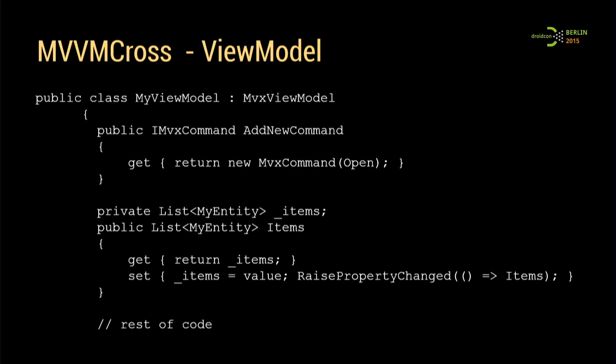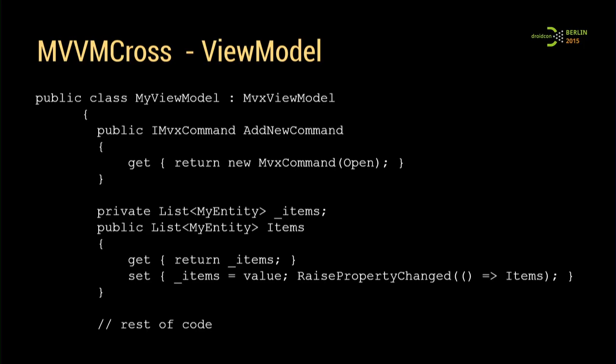And we are simply defining some properties which will return data to the model. If you want to, for example, connect a button to a method in our view model, we need to just create a property of type IMvxCommand. And the parameter of this MVX command is the function or method which should be run during this command.